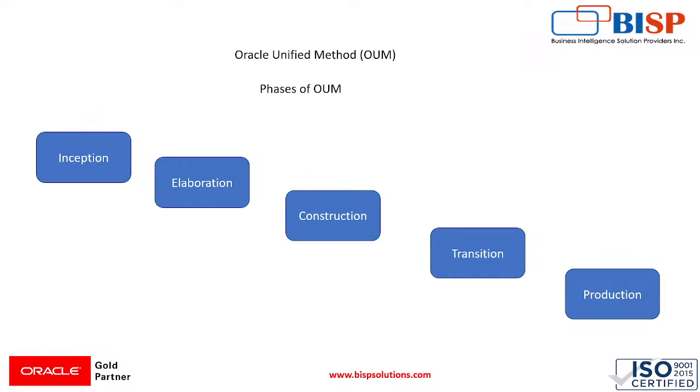In Oracle Fusion Finance, OUM is a proprietary implementation methodology used for deploying Oracle applications, including Oracle Fusion Financials. So it can be used with SCM, HCM, or CRM. This is the most proprietary method that is followed in today's time.